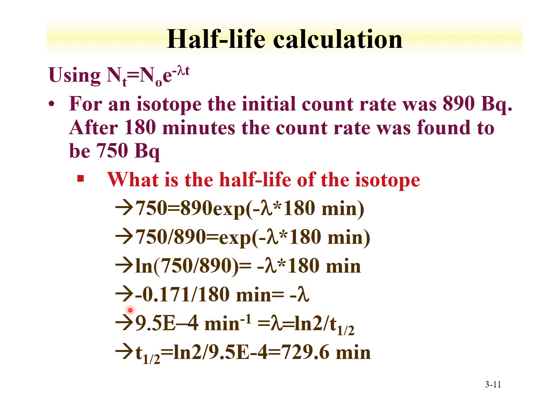This value here is equal to 9.5 times 10 to the minus 4 inverse minutes, which is equal to lambda, which is equal to log 2 divided by the half-life. So the half-life is equal to log 2 divided by this value. So the half-life is equal to 729.6 minutes.